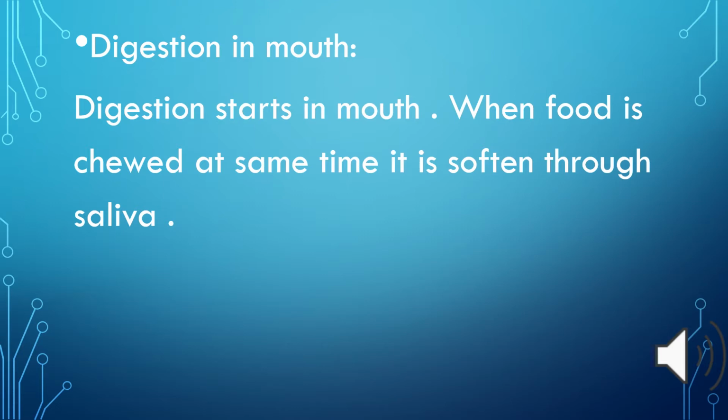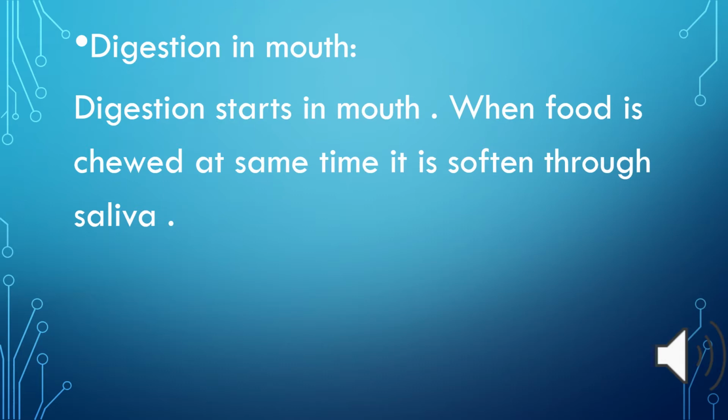When you chew food, it is converted to smaller pieces. Here it is mixed with saliva, which is released by salivary glands present in mouth. This makes the food soft and wet so that it can be easily carried further.